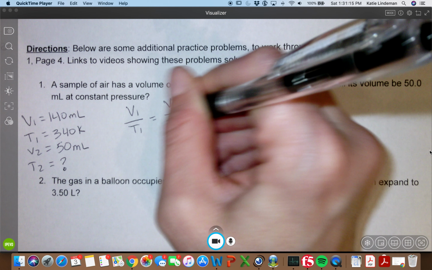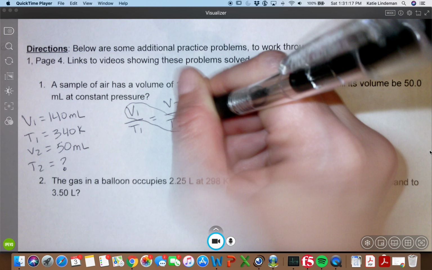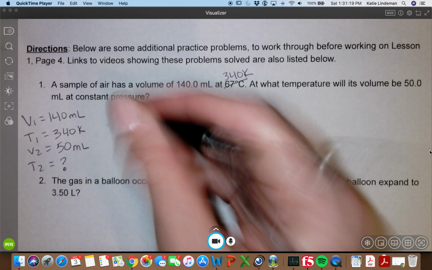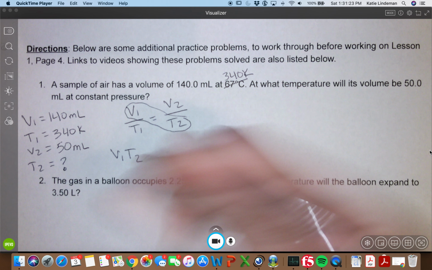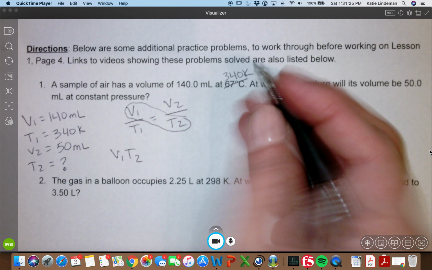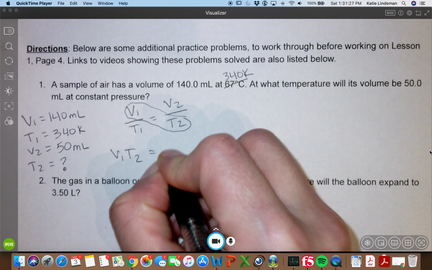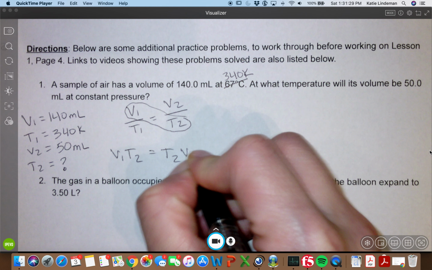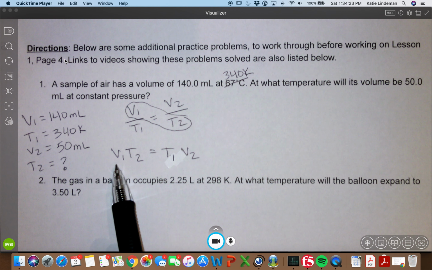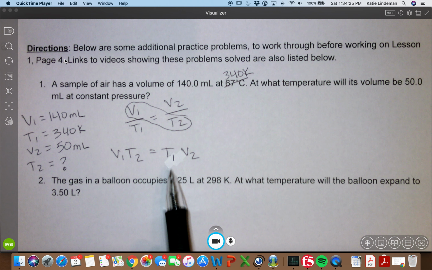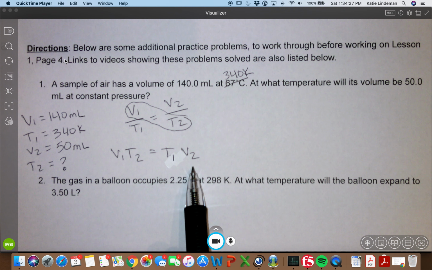So I'm going to cross multiply, just to get rid of my fractions. So we now have our equation V1 times T2 is equal to T1 times V2.